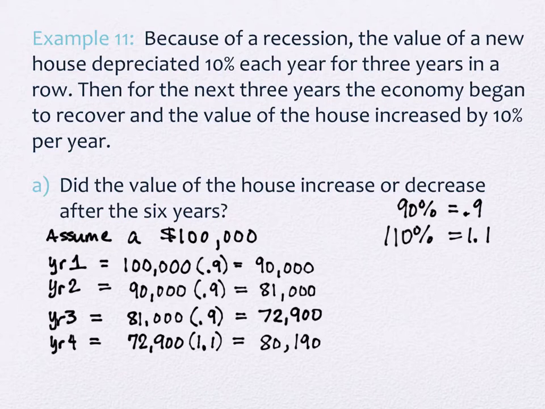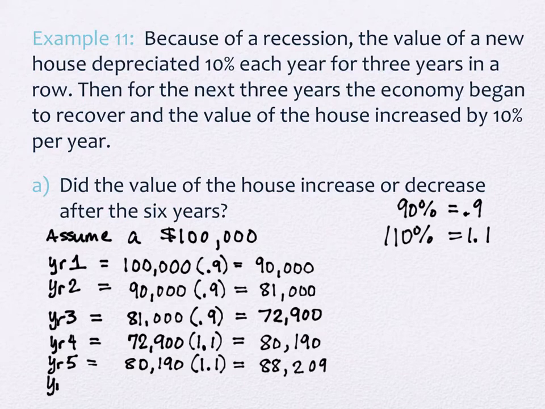It is. We got a couple more years to do this. Year 5. So I've got 80,190. I'm still increasing by 10%, so times 1.1. What is the value of my house in year 5? 88,209.